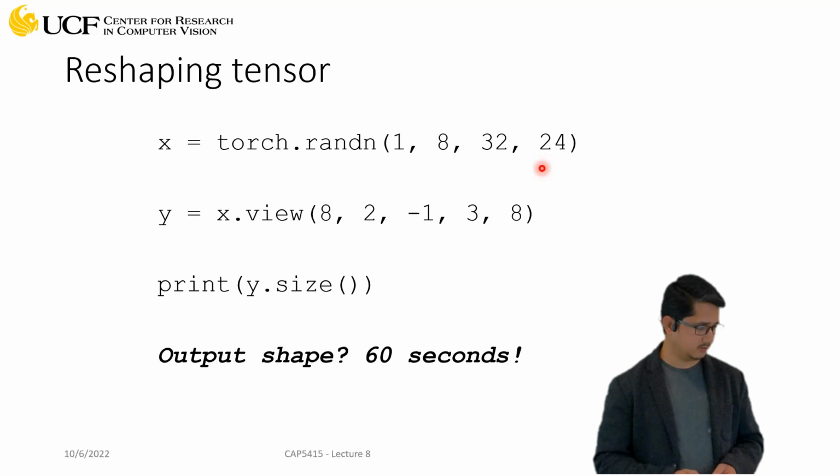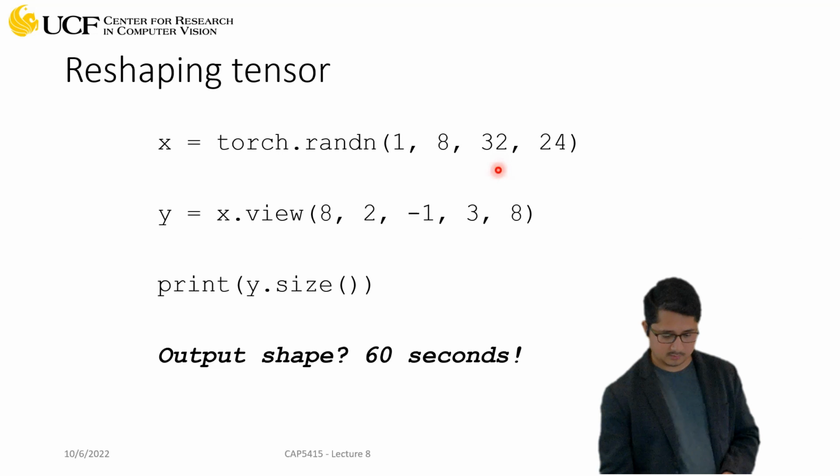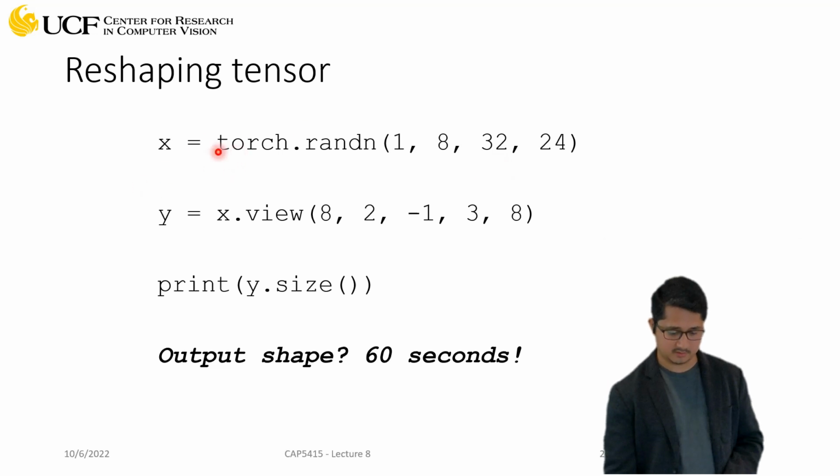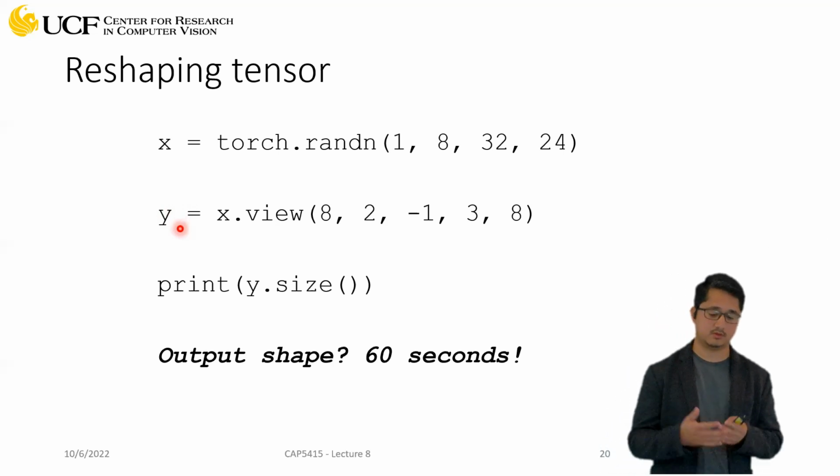So I think the time should already be up. If you remember, when we are reshaping the tensor, one thing should be consistent: the number of elements in this X matrix and the number of elements in the Y matrix should not change, because you're only changing the shape.